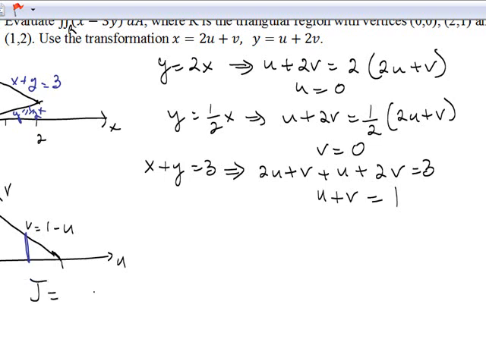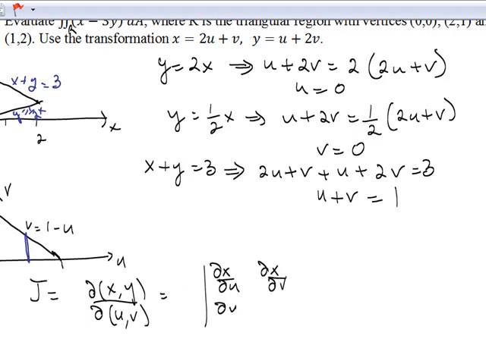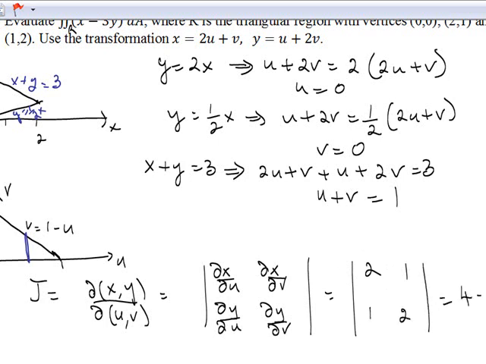So J is del(x,y) over del(u,v), the determinant of del x del u, del x del v, del y del u, del y del v. Give me the partials in there, please. 2, 1, 1, 2, which is 4 minus 1, which is 3.